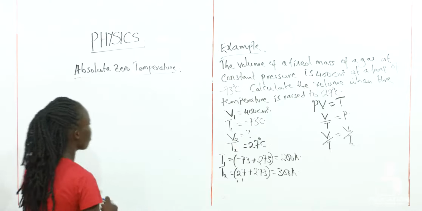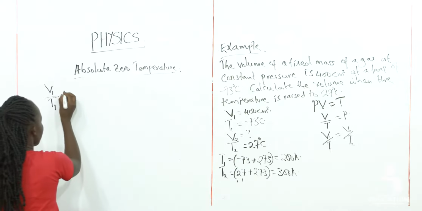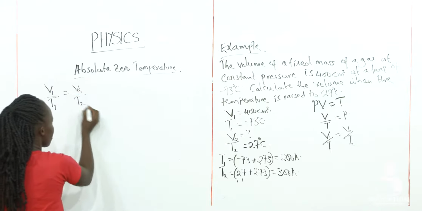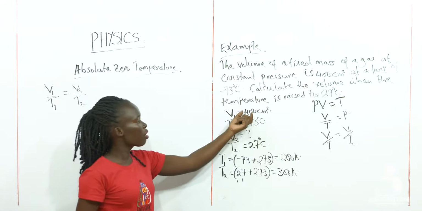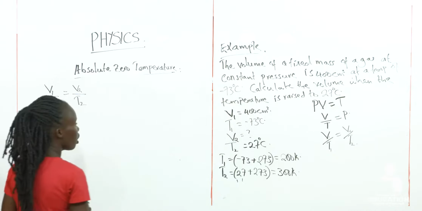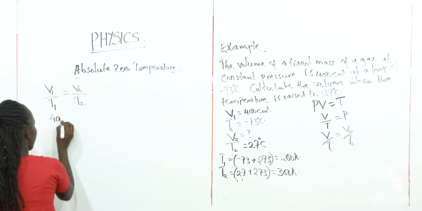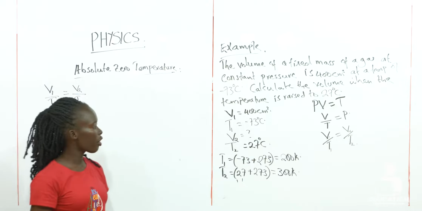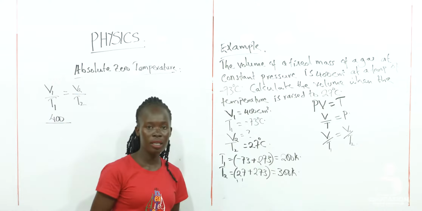So now from our formula, V1 over temperature 1 equals volume 2 over temperature 2. Here, the volume of this gas at first was 400 centimeters cubed. So we shall have 400. At what temperature was the volume 400? It was at the temperature of 200 Kelvin.